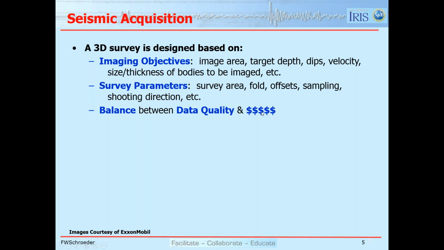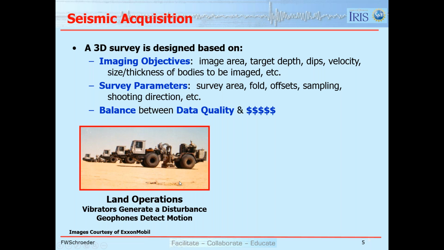This is always tricky because we might collect the survey in the exploration phase where the requirements are not quite as stringent, but if we make a discovery and we start to develop a field, the business questions change, we need more detail, and then find out that we saved a little bit of money in exploration when we acquired the seismic data, but now we wish we had spent some more so that we have the better data quality as we go into development and production.